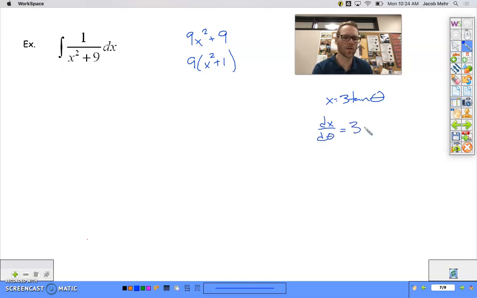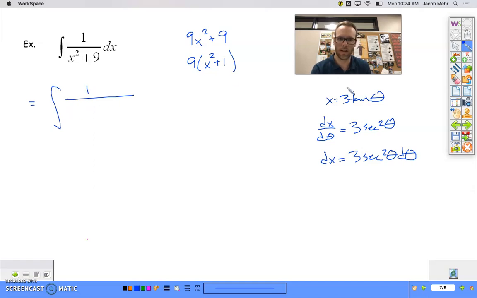What's the derivative of tangent? The derivative of tangent is secant squared. So dx equals 3 secant squared theta d theta. All right, substitution time. This is 1 over 3 tangent of theta squared plus 9 times 3 secant squared theta d theta.